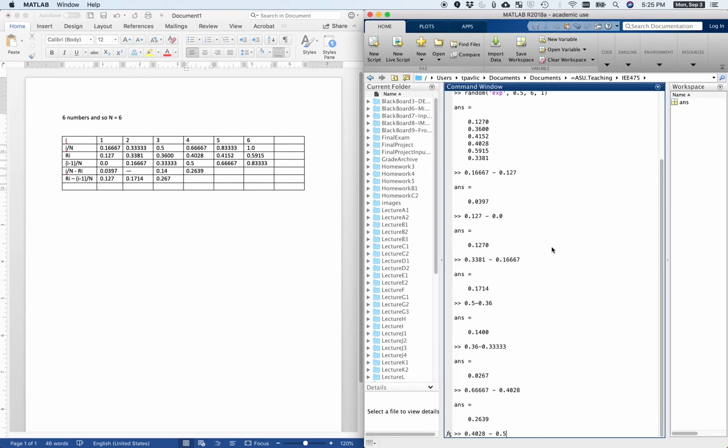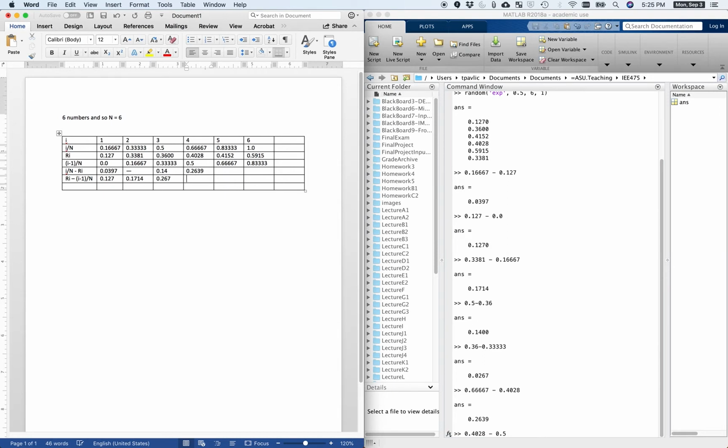0.4028 minus 0.5. Okay, so here's an example. I don't even have to do this math, because 0.4028 minus 0.5 is going to give me a negative. So I'm just going to fill that. Now here I can see that this one is also going to be a negative, and this one is also going to be a negative, but these will be positive.